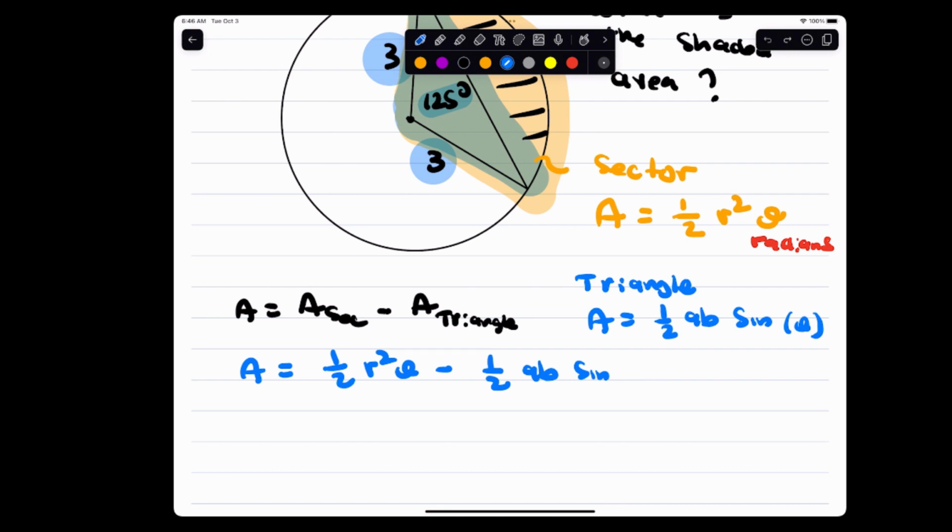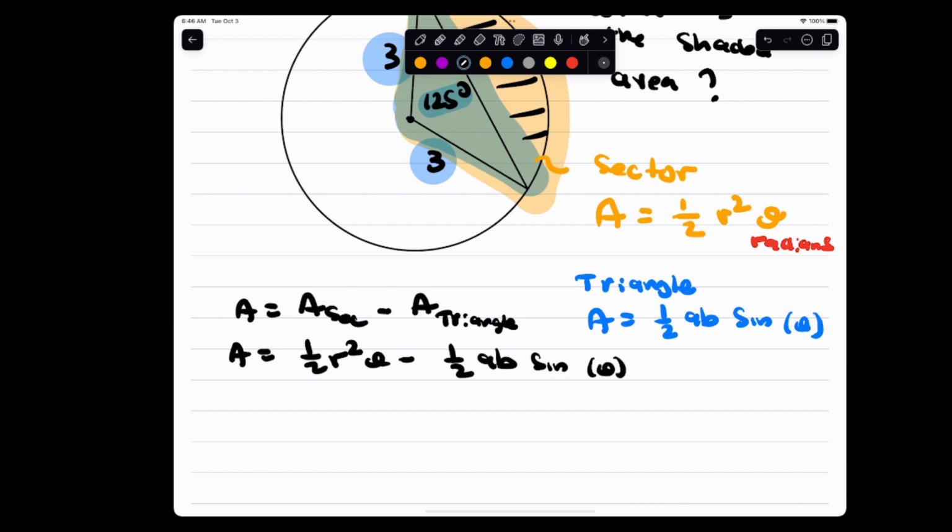And let me actually keep it that color black because you guys can see it. That's the shaded portion. So you might say, do I have to find 1/2 R squared theta minus 1/2 AB what? Sine theta. So ladies and gentlemen, area of a sector right in here minus area of a what? Triangle over here.